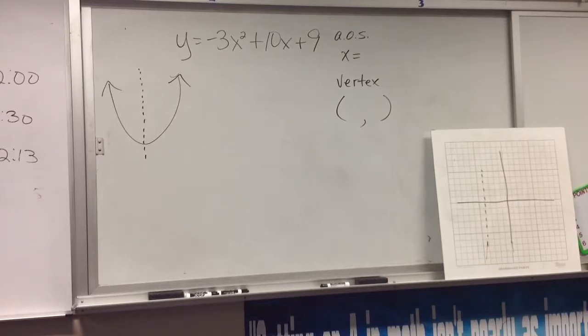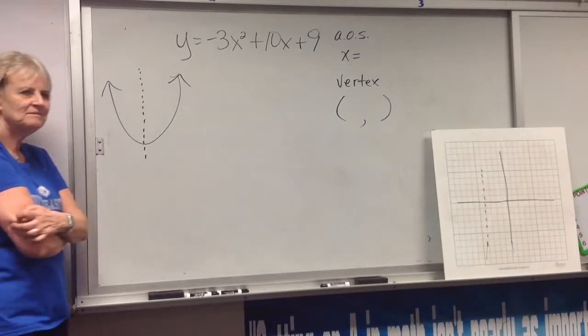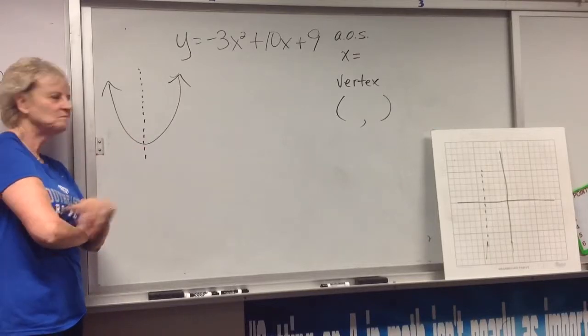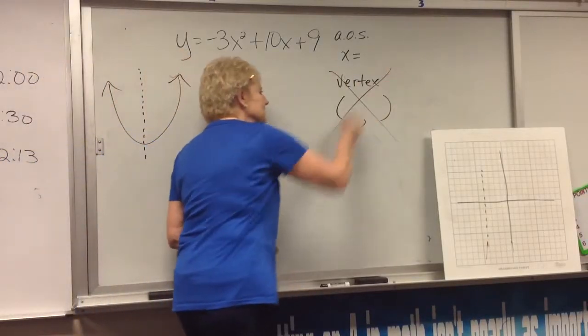It's going to be ugly. How about just the axis of symmetry? Let's not even go to vertex. On your homework, you don't have to find the vertex on this one anyway. We'll leave that part out.